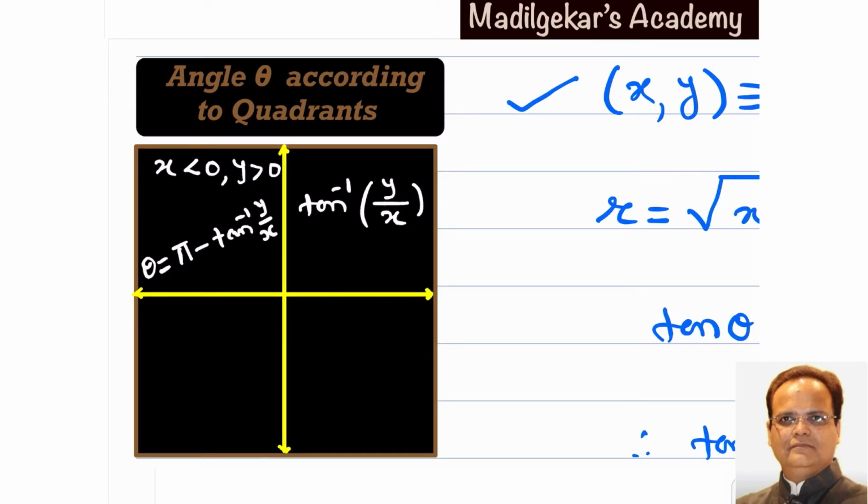Here, though x is negative, while applying this formula, replace the value of x with its positive value. In the third quadrant, theta is given by pi plus tan inverse y by x. In the fourth quadrant, theta is 2 pi minus tan inverse y by x. So you first fix the quadrant in which the given point lies, and accordingly you apply the formula.